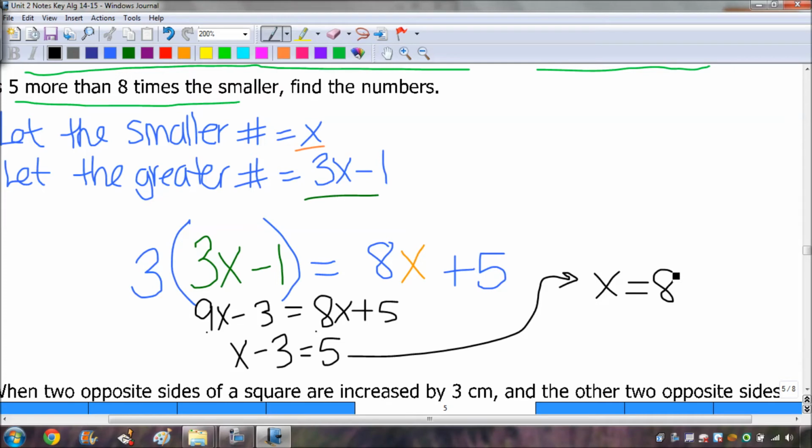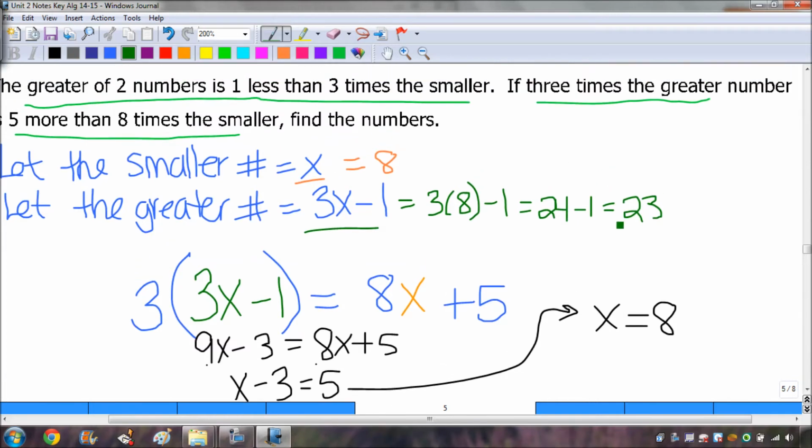So now I know that the smaller number is 8, and the larger number is 3 times 8 minus 1. So I get 24 minus 1, which is 23. So my two numbers are 8 and 23. Those are my two answers.